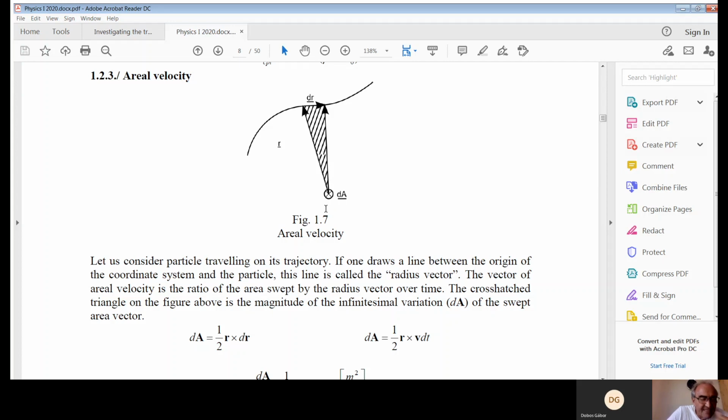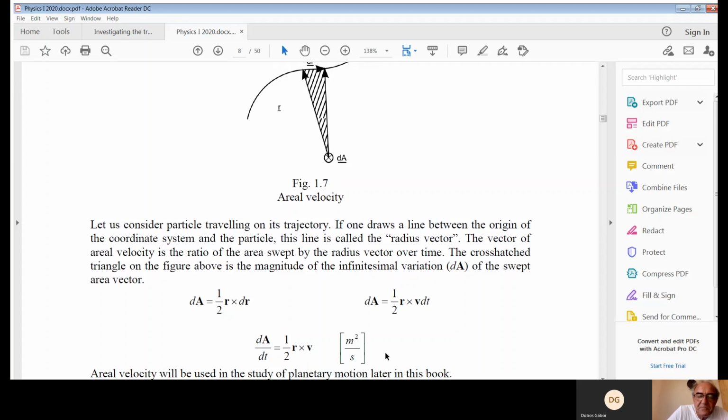And if we want this to be a vector, we consider them two vectors and not just two numbers. Therefore, the area will be showing up as a vector here, which is pointing out, because R should be turned to dr. It's a right-hand screw rotation, goes into the sheet of the paper. So this is the dA area here.